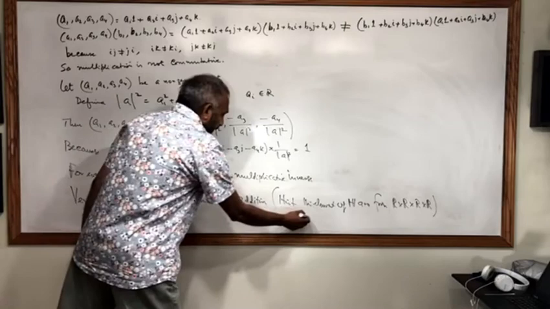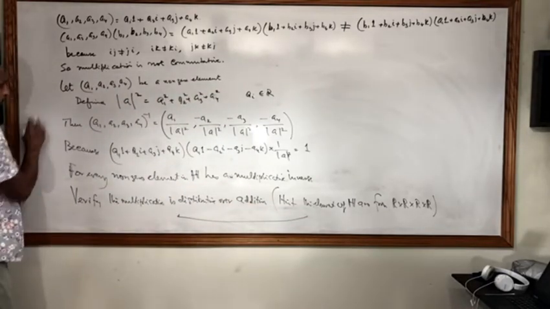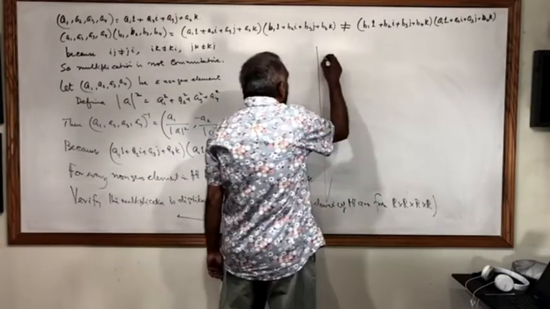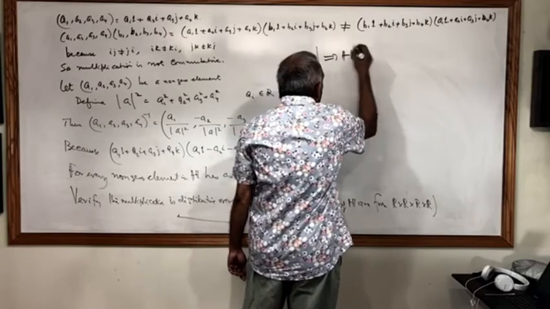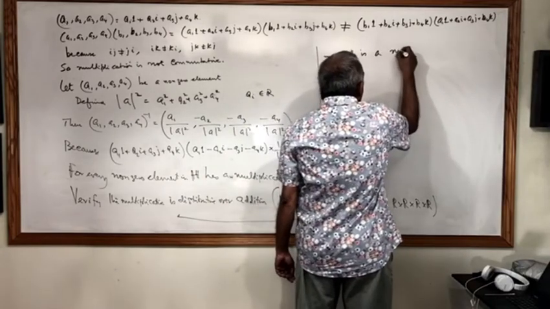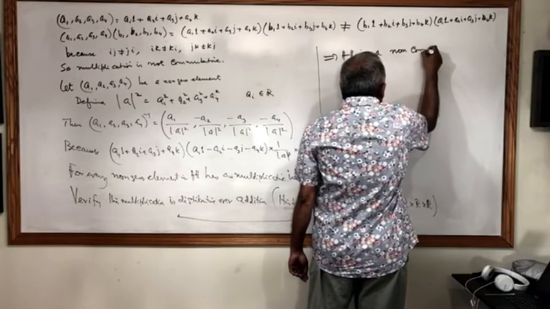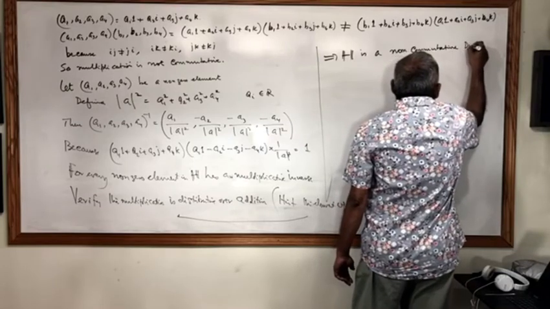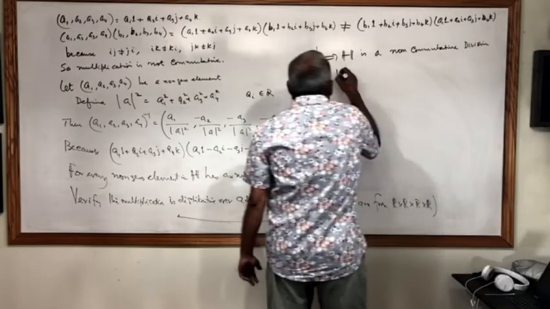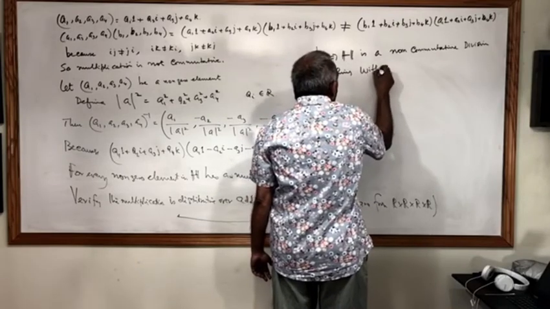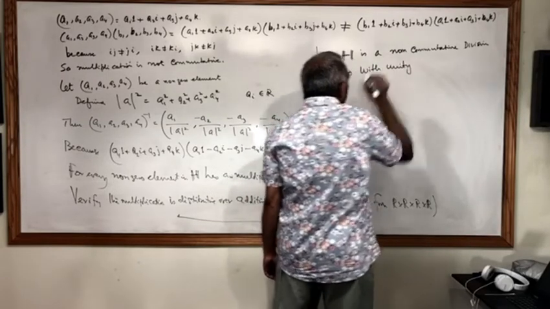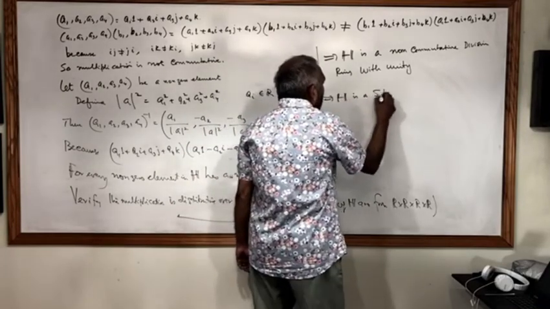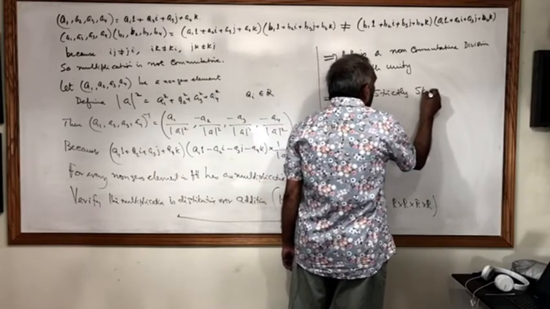So from here we can easily prove that the new definition of multiplication is distributive over addition, and that implies H is a non-commutative division ring with unity, and that means H is a strictly skew field.